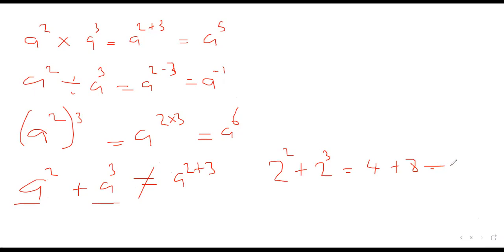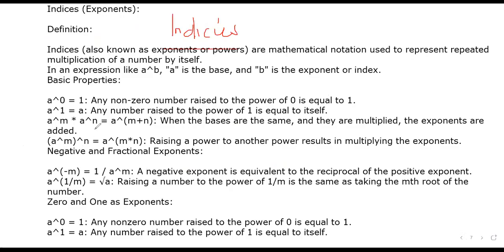So you get 12. But if you have 2 to the power 2 times 2 to the power 3, you can just add the powers there, which you're going to have as 2 to the power 5, which will ultimately give you what? 32. So these are the properties that I'm trying to enumerate so that you understand.